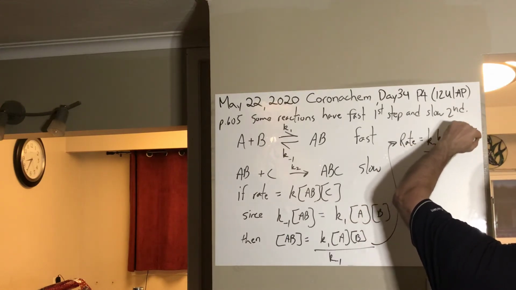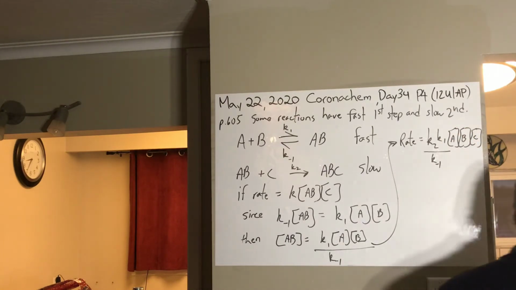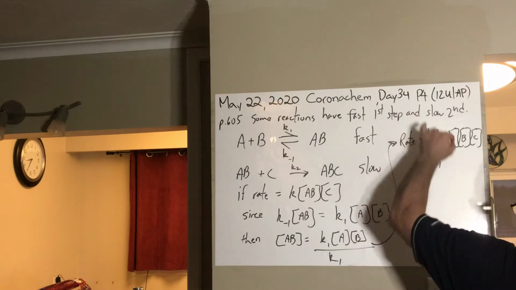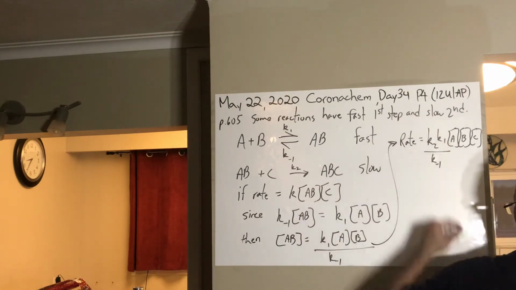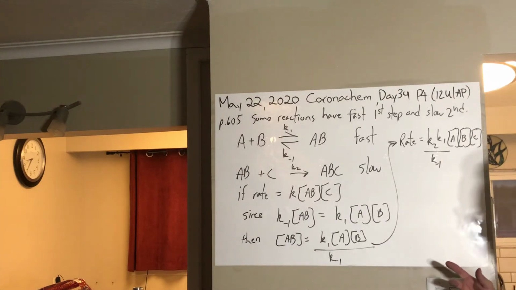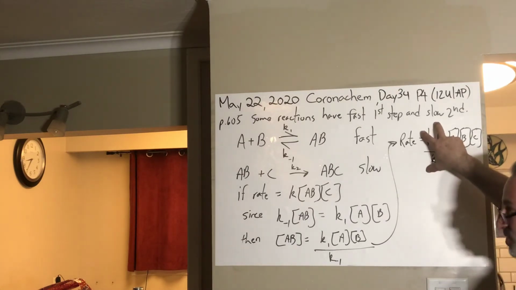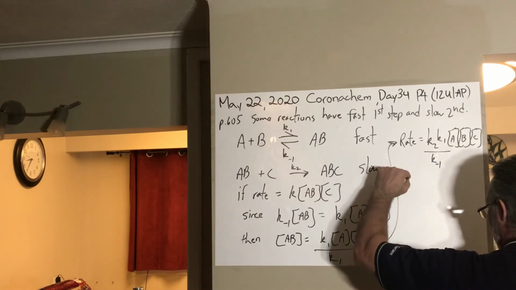Sorry for the skinny writing, I'm just trying to avoid writing on my kitchen wall. And all these K values, because they're constant numbers, if you multiply a bunch of constant numbers, you'll get another number, which is a constant. So this is the observed rate constant. It's made up of these three different constants. So you can call it K observed.